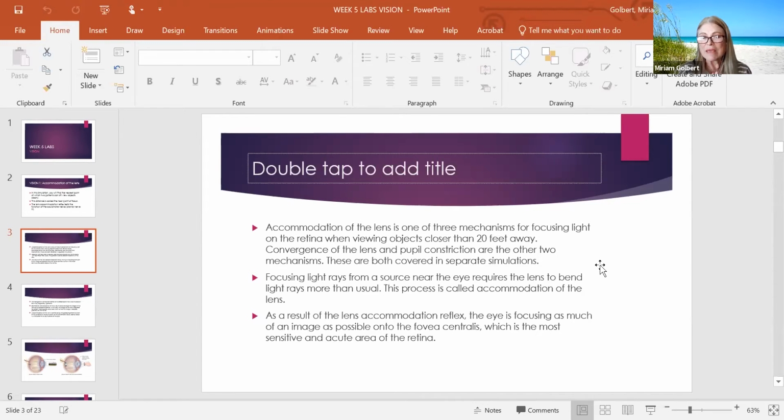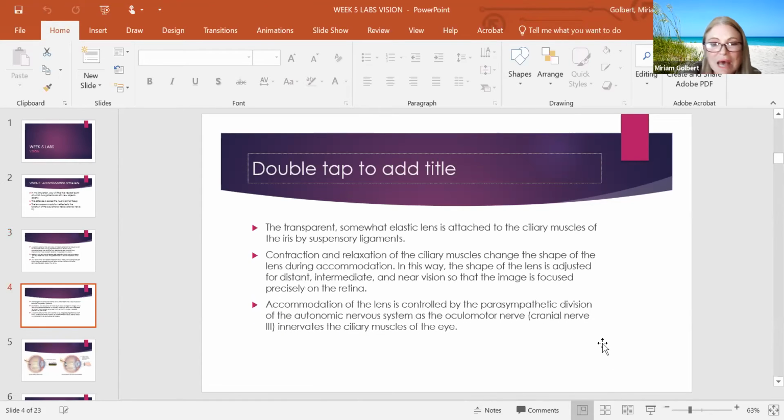So it requires your lens to do this kind of adjustment and accommodation so that you can focus not only on the retina, but on the fovea centralis, which is the most accurate vision. This is where we have a lot more photoreceptors, and that's when you have the most sensitivity to focusing on that point of the retina.